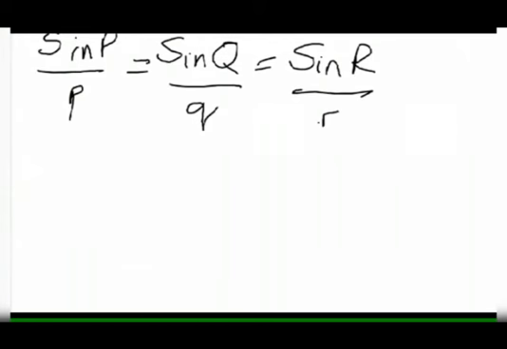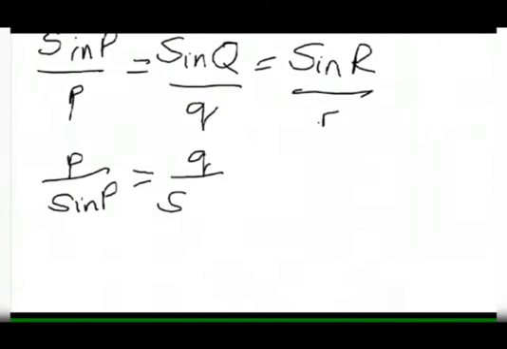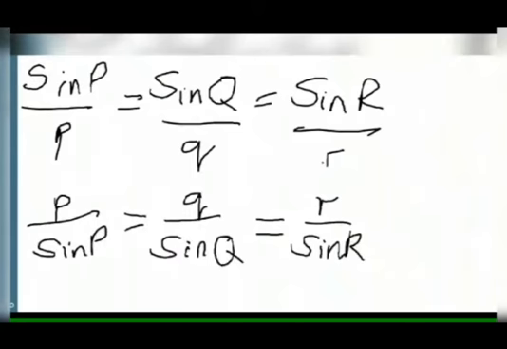We can also flip it like we said and have p over sine P is equal to q over sine Q, which is also equal to r over sine R. To solve the puzzle, we plug in the values that we have already been given, and that is angle P, angle Q, and side PQ.